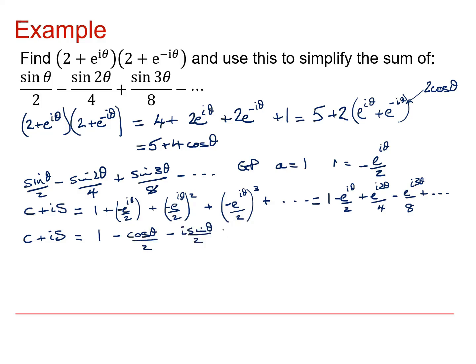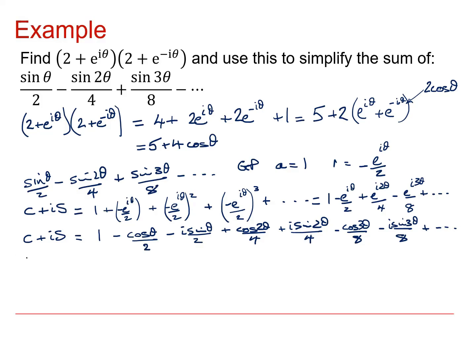The next bit is going to give me plus cos 2 theta over 4 and plus i sine 2 theta over 4, and then cos 3 theta over 8 minus i sine 3 theta over 8, plus whatever else comes along.